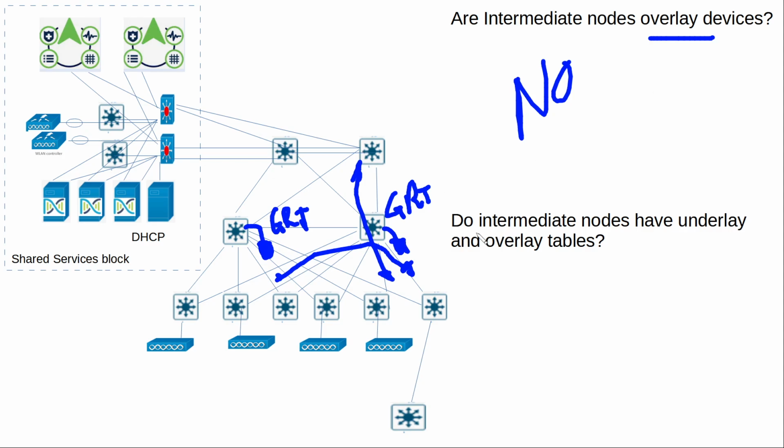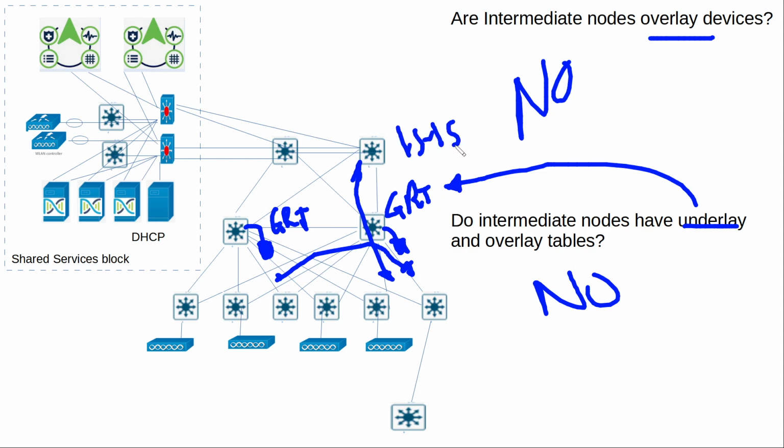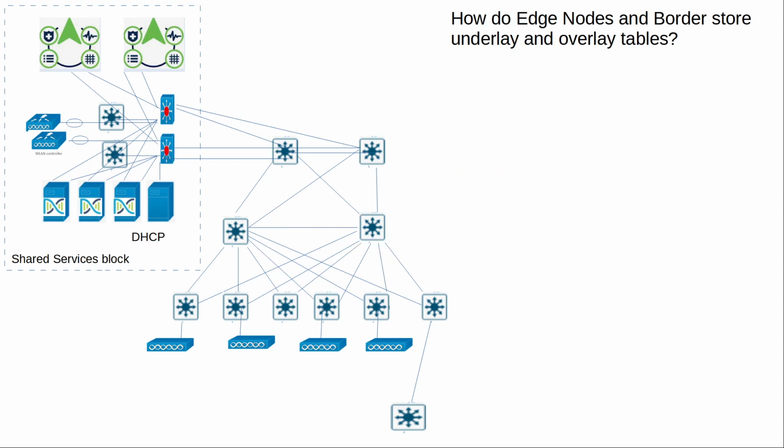The next question is, do intermediate nodes have underlay and overlay tables? No, they only have underlay tables, which is the global routing table that comes from IS-IS. Let's go for the next question.